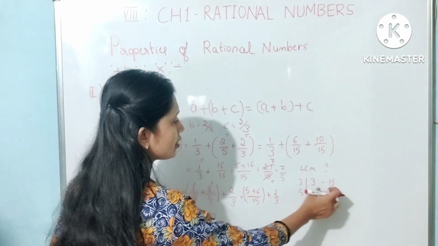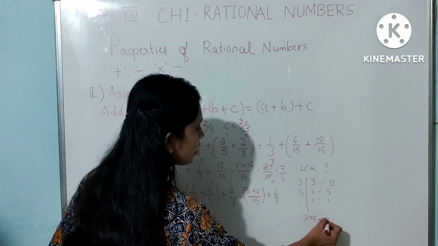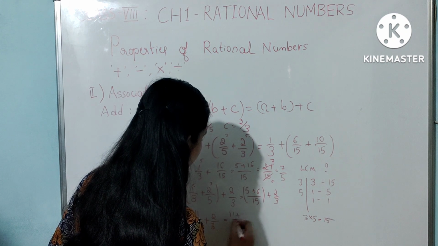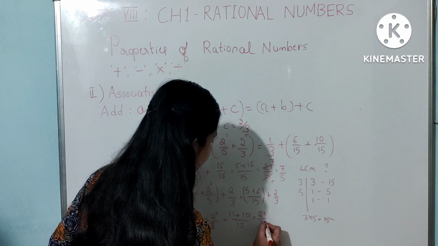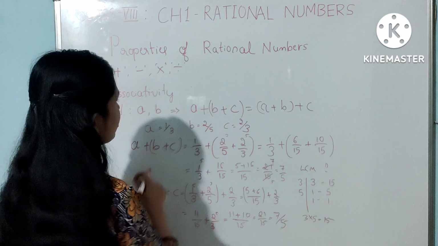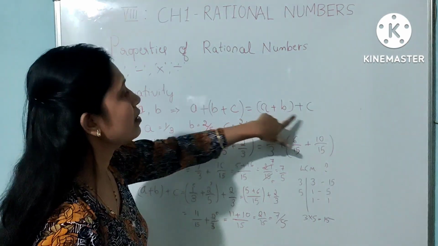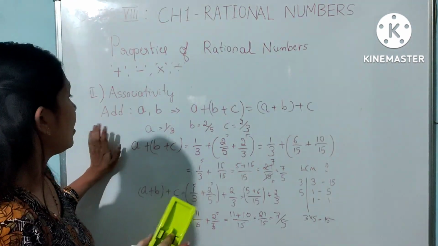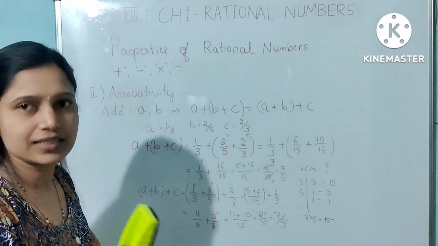The LCM of 3 and 15 is how much? 3 into 5, 15, right? Yes. So 15. So 11 plus 10 is 21 by 15 again. So the value is 7 by 5. So we concluded (a plus b) plus c is equal to a plus (b plus c), a rational number. So addition is associative for a given rational number.